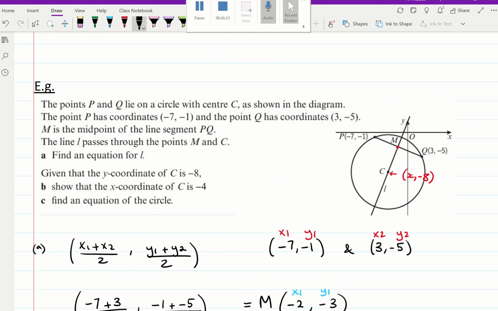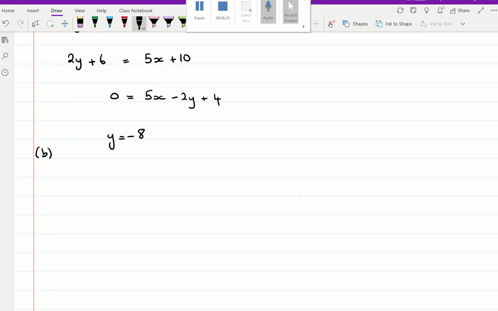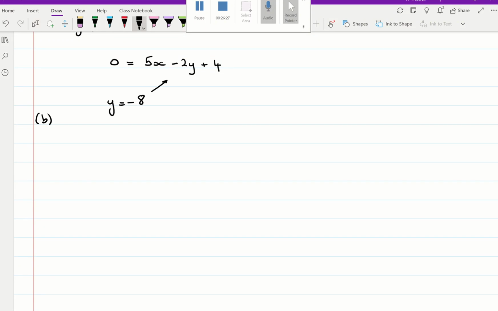Just check. Yep. So I can substitute y into the equation of the line, and I should get the value of x. So 0 equals 5x minus 2 times negative 8 plus 4. So it depends what you put in your calculator. If you put the whole thing with the negative 2 times negative 8, you're going to get a positive 16.